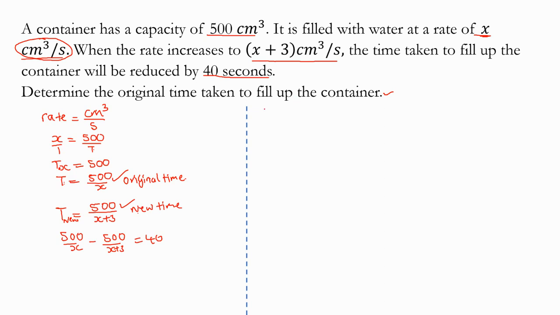Here I'll say 500 over x, and multiply by the LCD, which is x times x plus 3, minus 500 over x plus 3, times the LCD, is equal to 40 times the LCD.